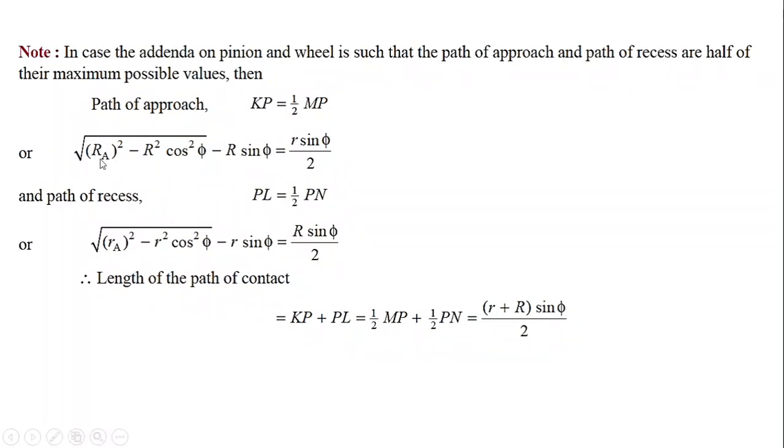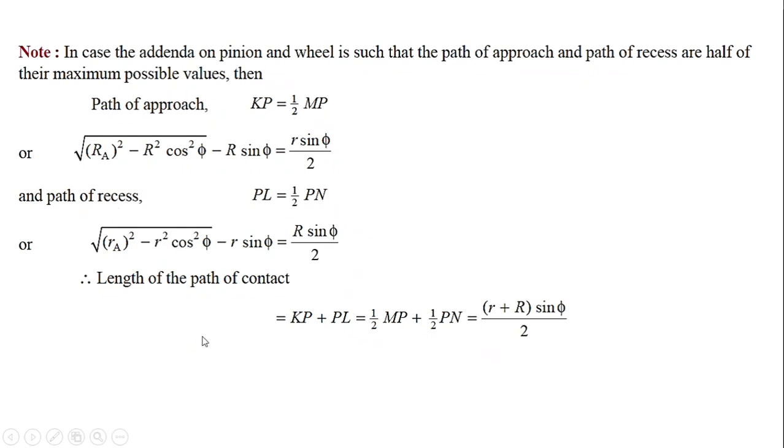That means KP is the square root of Ra squared minus R squared cos squared phi, minus R sin phi, equal to half of MP, where MP is small r sin phi. Similarly, the path of recess PL is equal to half of PN.